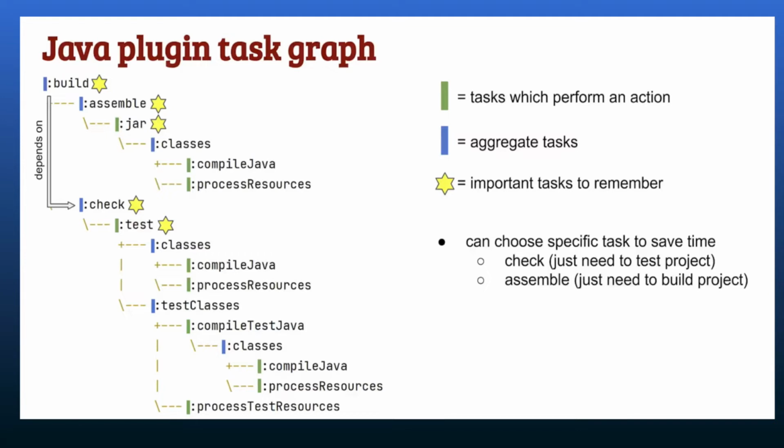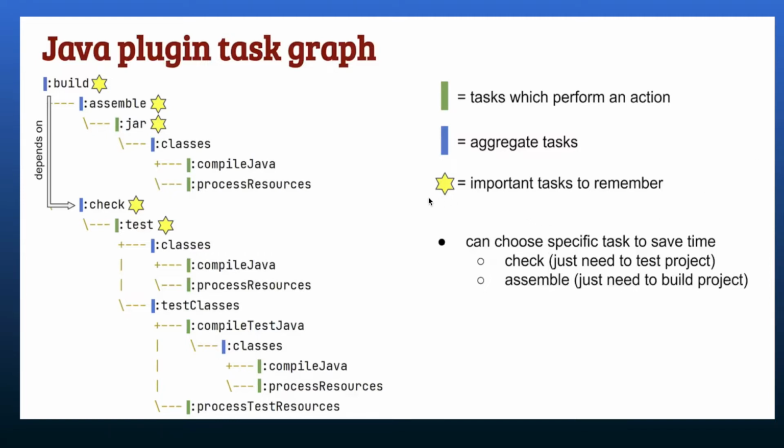Similarly for the jar task, the classes task, and the assemble task. In the example we will look at how we can run the tasks. The simple commands are gradle build, gradle assemble, gradle jar, gradle check, gradle test. These are the syntaxes. Gradle compile, gradle classes, compile Java. So this is how you can do that.